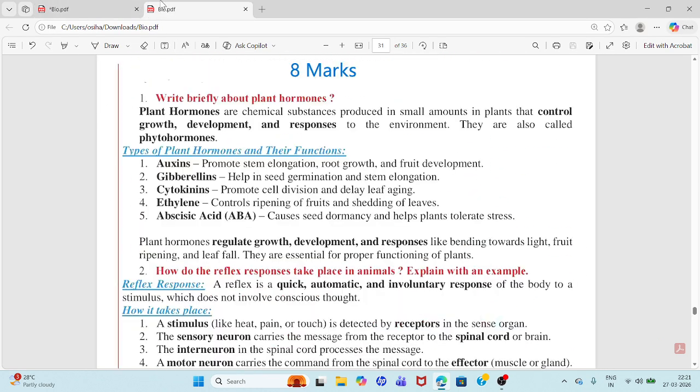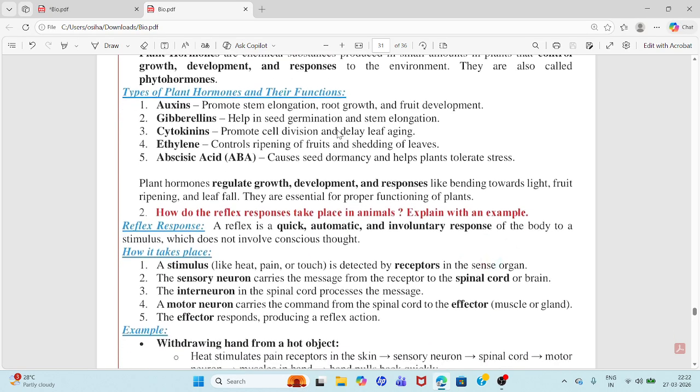Remaining questions we are going to see now. First question. Write briefly about plant hormones. So learn from here. These are the types of plant hormones: auxins, gibberellins, cytokinins, ethylene, abscisic acid. So learn from this.